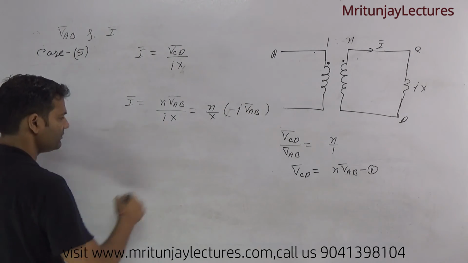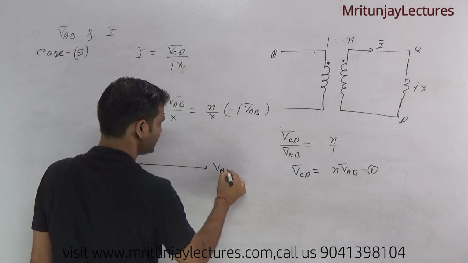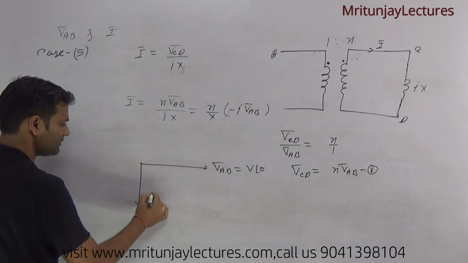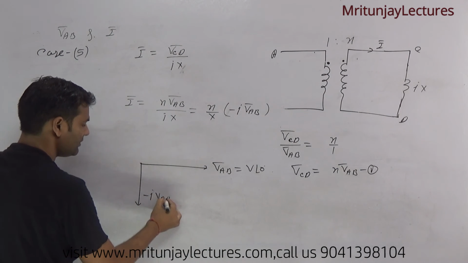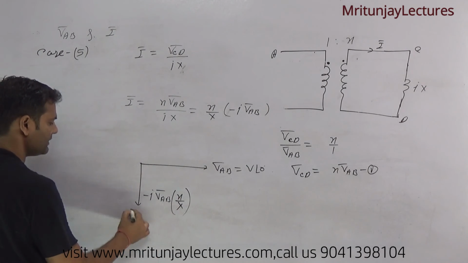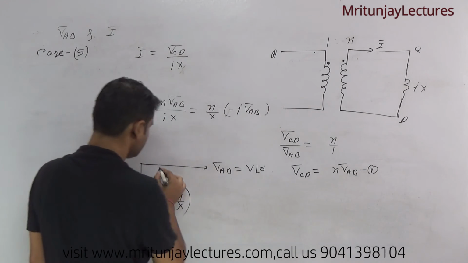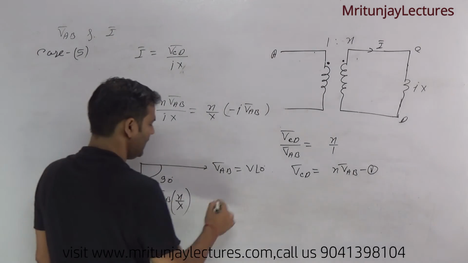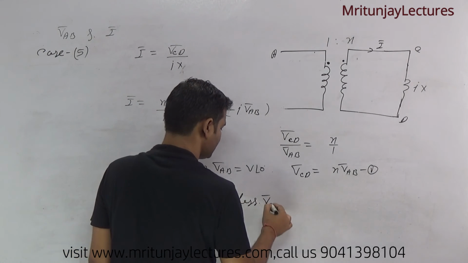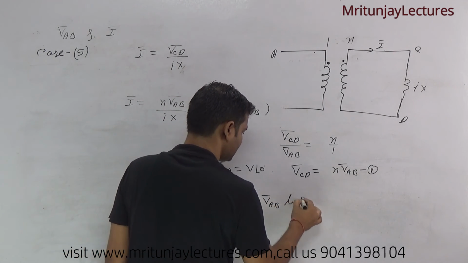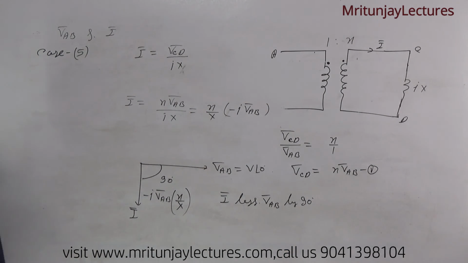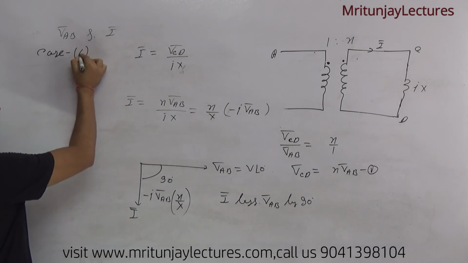If V of AB is represented here, then minus j V of AB into n divided by X is I. It means I lags V of AB by how much angle? 90 degrees. Make it.